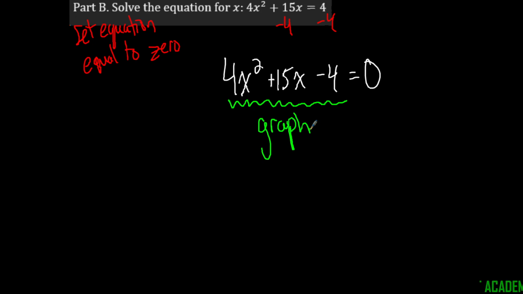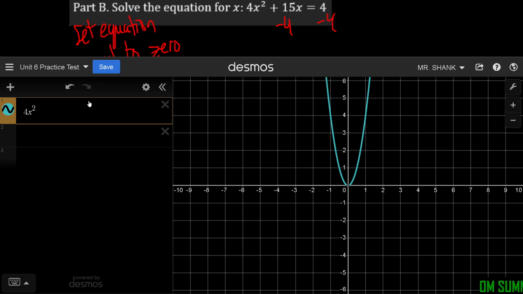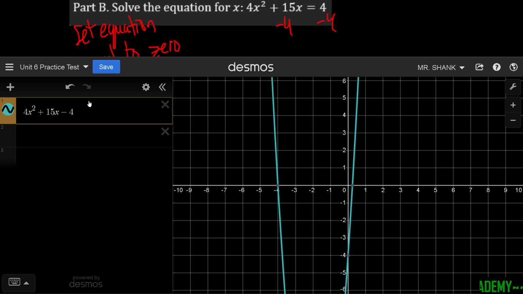So what it looks like is like this. Let me clear this one out, hit home, and reveal it. All right. So on this one, after I subtracted 4 from both sides, my new equation is going to be 4x squared plus 15x minus 4. To be able to find those two values, one of my x-intercepts is going to be negative 4. One of my x-intercepts is going to be positive 0.25.